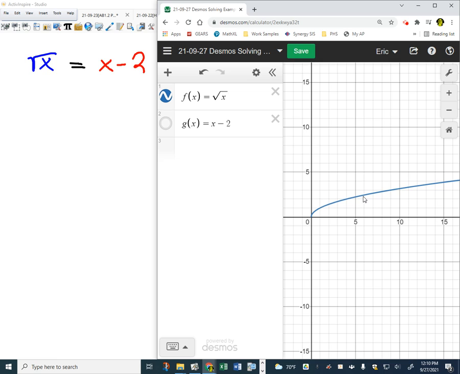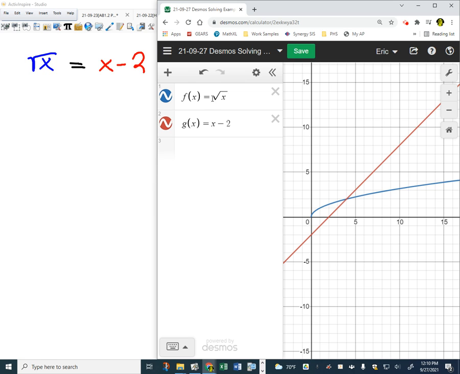And there it is, right? That's what a square root graph looks like. It starts at the origin. It kind of just moves up and over to the right. And then on the next row down, I'm going to graph the function x minus 2. So I'll just call that g of x. Could call it y if I wanted to, but it's better to use function notation, and you'll see why a little later when I give you another example of a way we can use Desmos. Function notation always works a little better for some reasons you'll discover a little bit later.